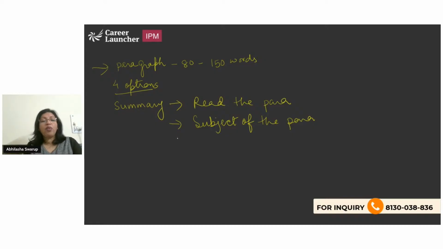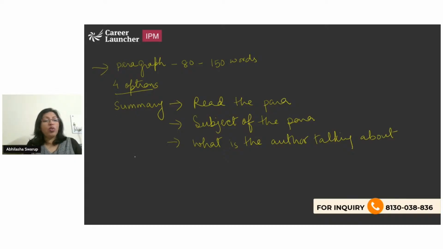Then, you must also identify what it is about the subject that the author is talking about. So, what is the author talking about? These two things you will find out. Once you have got these two things, you've more or less identified your summary of the passage, and therefore you're almost at where you needed to be.